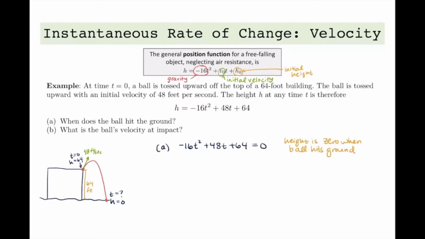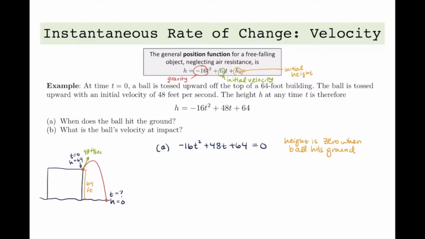Remember that to solve a quadratic equation, when we have a t squared and a t to the first in the same equation, we have to get 0 on one side of the equal sign, which we already have, and then either factor or use the quadratic formula. I see that there's a negative 16 in front of the t squared.